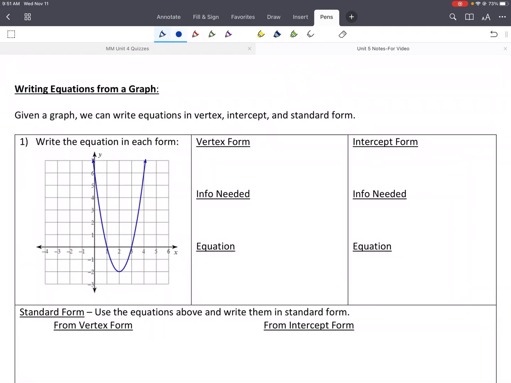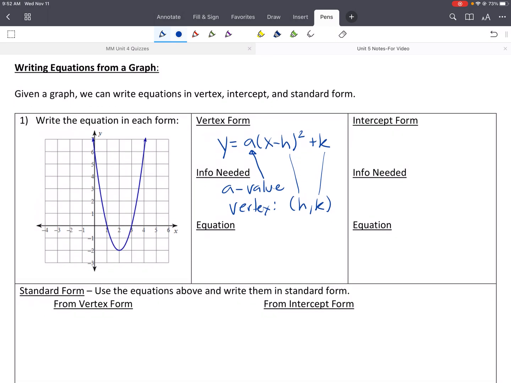If we're trying to find vertex form, again, that's y is equal to a times x minus h squared plus k. All we need to do is find our a value so that we can plug it in there, and also find the vertex, which is our h and k. And then we can just plug those in.